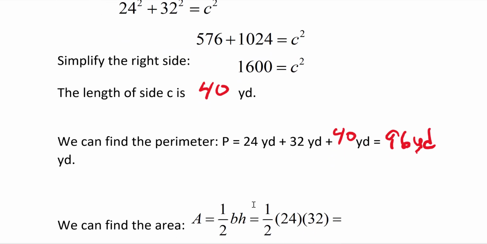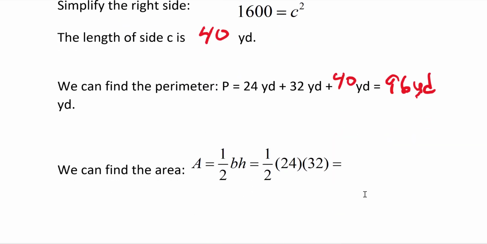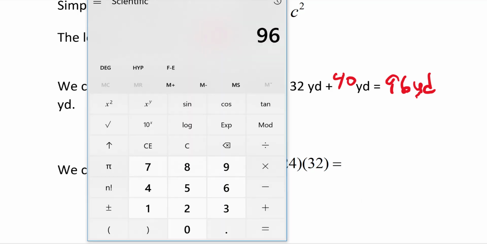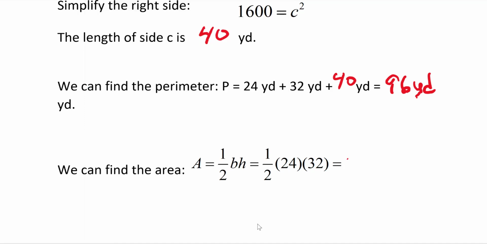And finally, I can find the area, 1/2 of the base times the height, 1/2 times 24 times 32, which is 384. And this is in yards, and remember this is going to be square units.